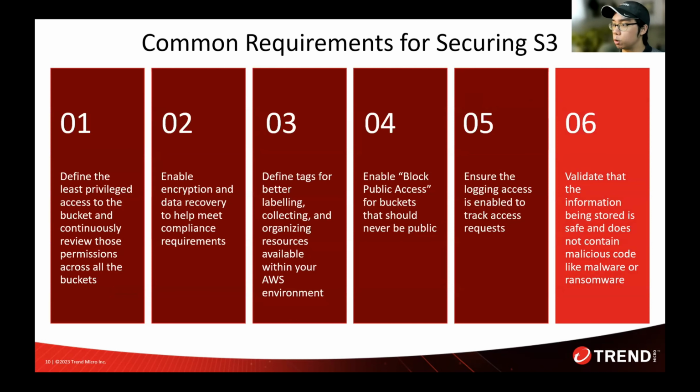PCI DSS requirement 5, as an example, states that every part of a given cloud system needs to either prevent or detect and address malicious objects. And of course, with system being such a wide encompassing term, this also applies to cloud object storage.